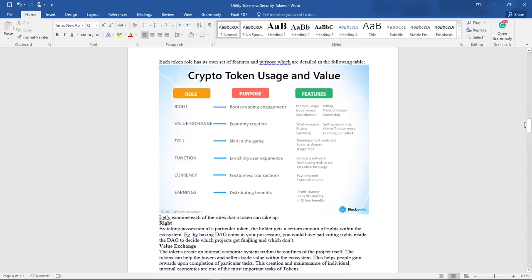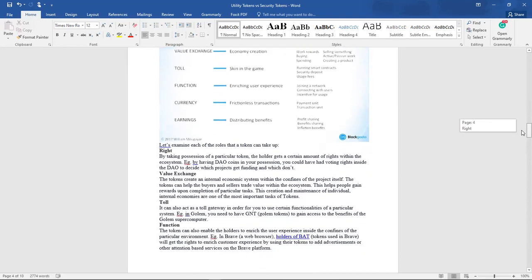So that is the value exchange, and the token can also help the buyer and the seller trade value within the ecosystem. This helps people gain a reward upon completion of a particular task.